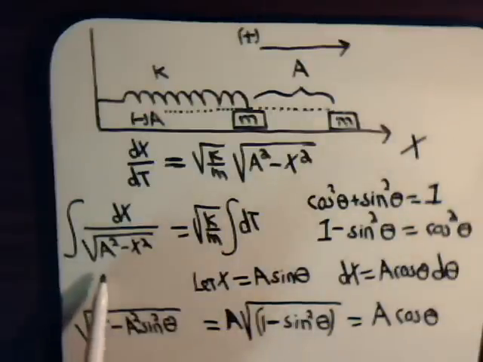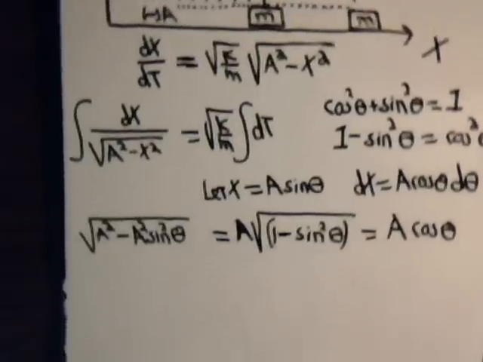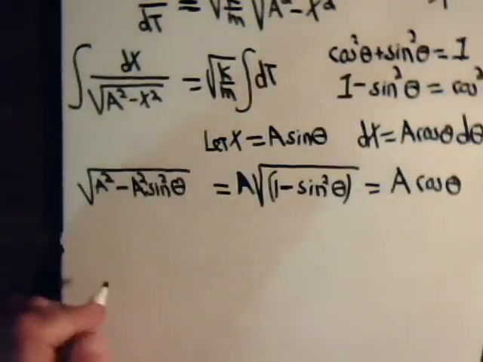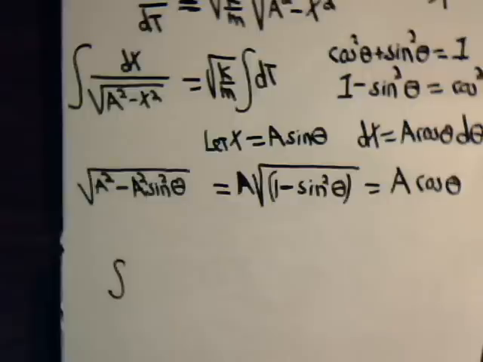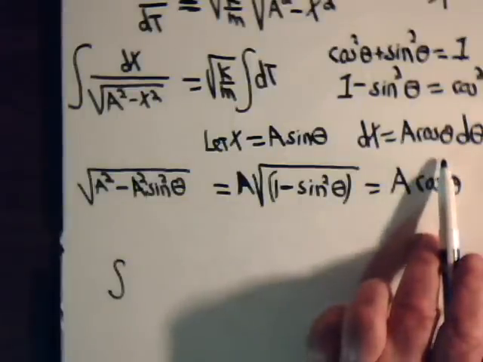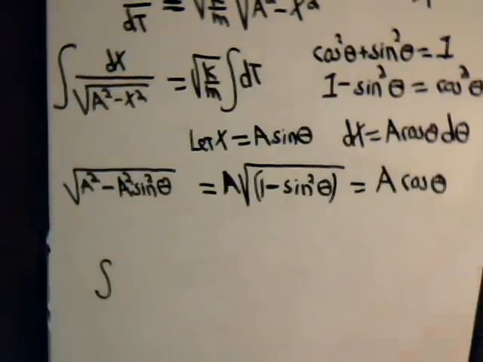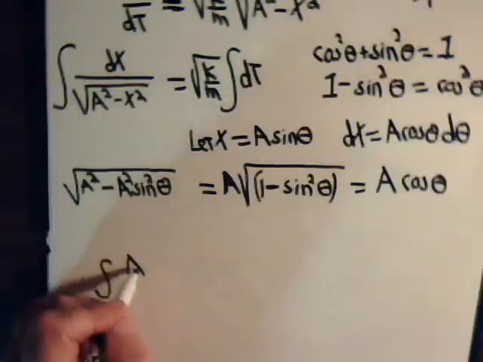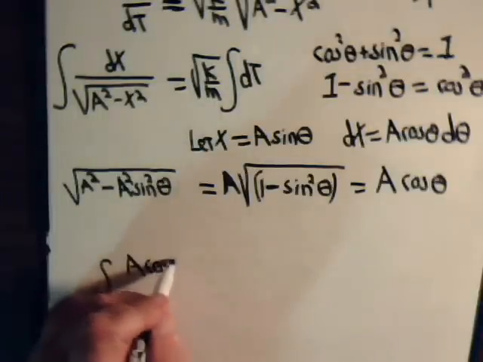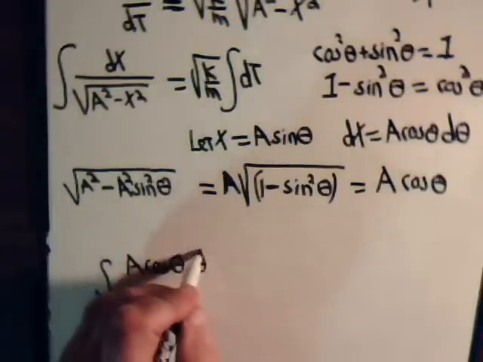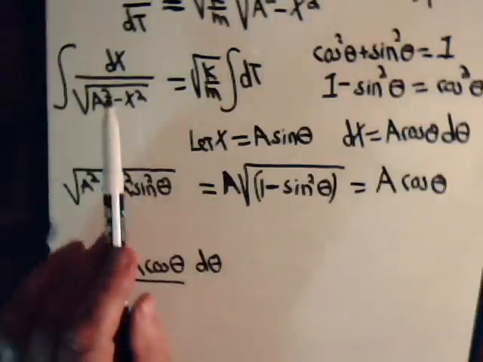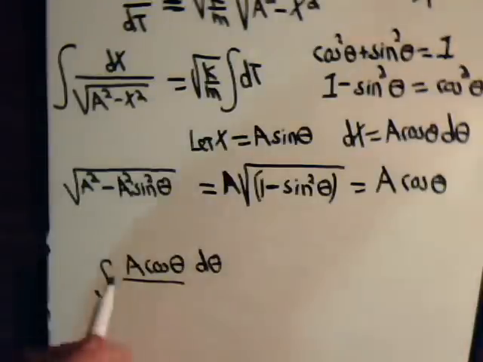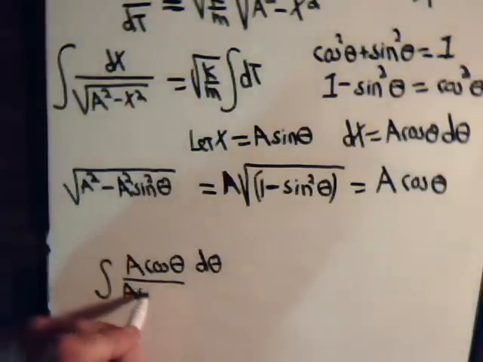So our original integral, when we put this substitution into it, has dx as a times the cosine of theta d theta, and the denominator is a times the cosine of theta.